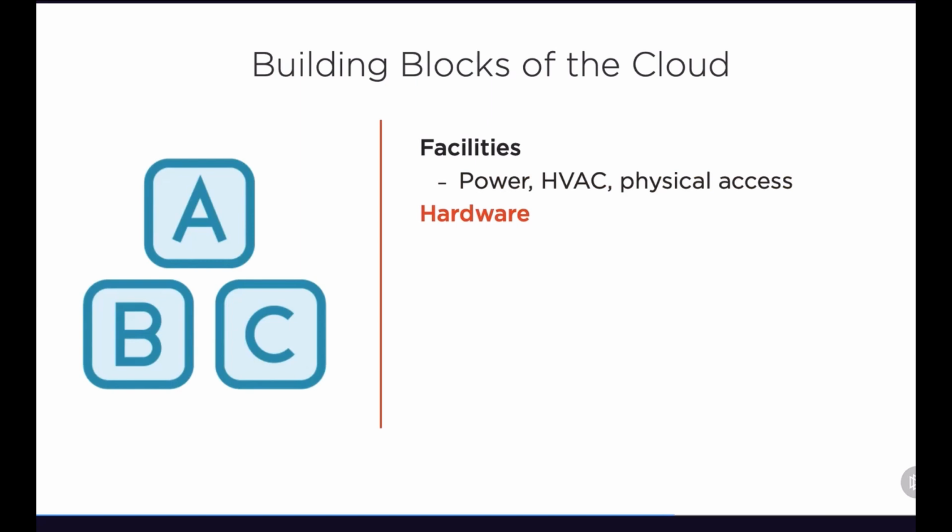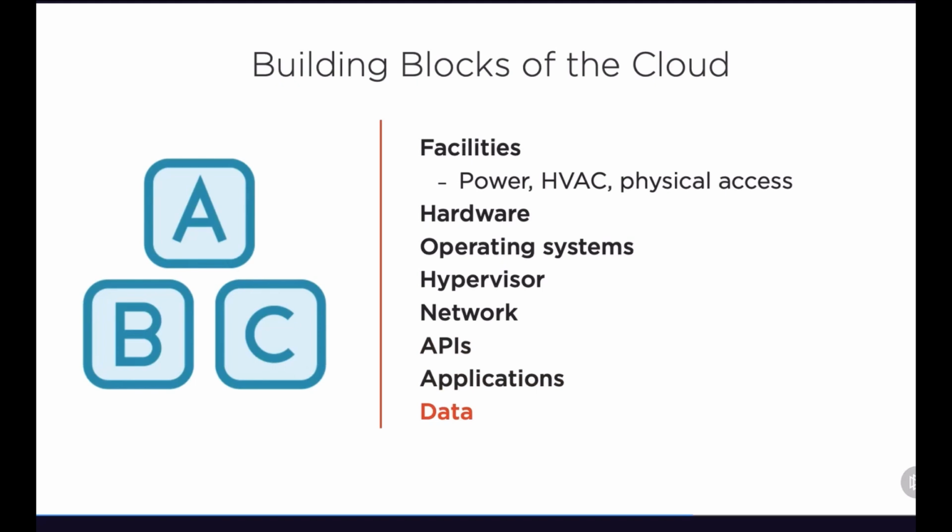We have the hardware that our systems run on, as well as the operating systems, the hypervisor, network, application program interfaces, applications, and of course the most important part of all this, the whole reason for all of this is data. So we can process and store our data so that it can support business and legal requirements. Then we have the users. The users may be our employees, but also the users could be our customers, people we have no control over really.